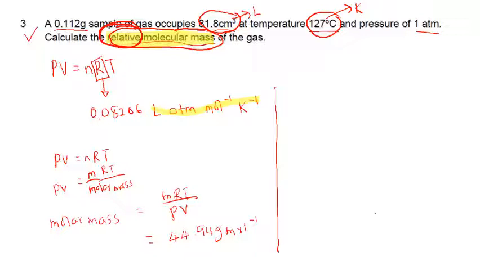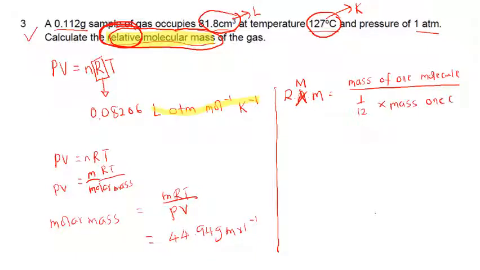So we are going to apply what we learned in chapter 1: relative atomic mass equals, but because this one is a molecule, we change the term atomic to molecular. Relative molecular mass equals the mass of one molecule over 1 over 12 times the mass of one carbon-12 atom.